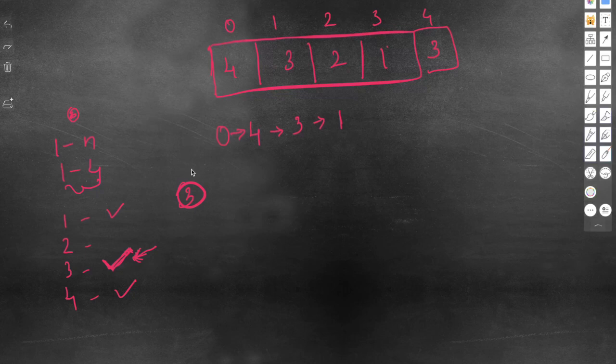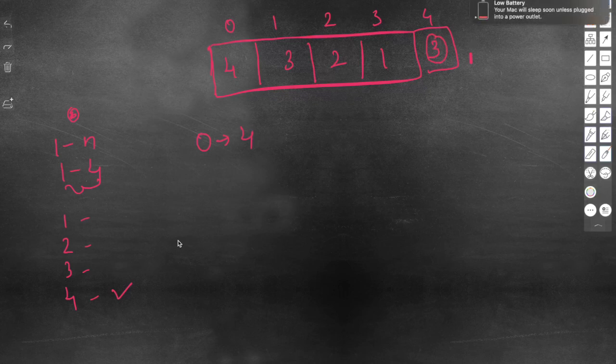Let's iterate once again. Started with index 0, got the element 4. I will mark 4 as visited, and the next index is the 0th place value, that is 4. So I will go to index 4, and the value inside is 3. We'll mark that I have visited 3, and the next index I'm going to visit is 3. What is the value of A[3], the value at the third index?